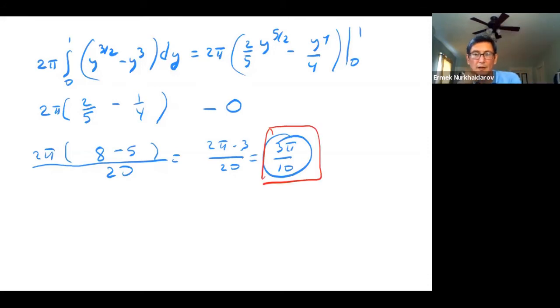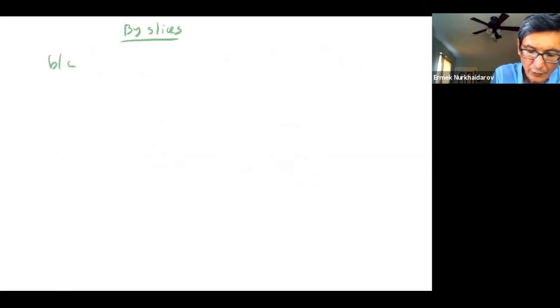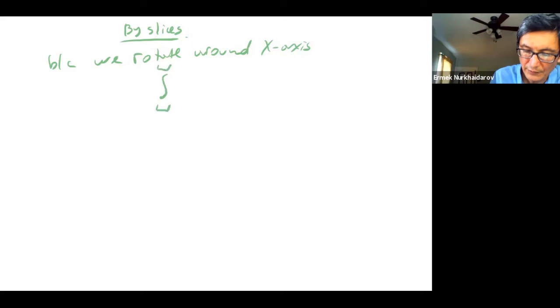We get 3 pi over 10 if we did this problem by shells. Now we do the same problem, but now we'll do it by slices. Because we rotate around x-axis, volume by slices is going to be equal integral from something to something, area of cross section.